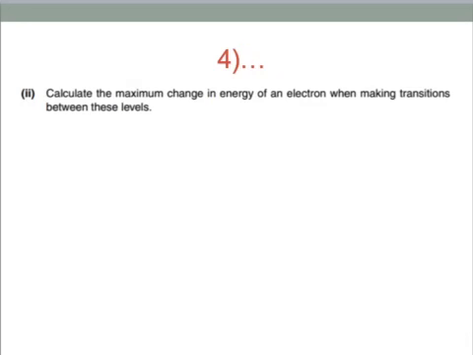So, question 2, following on from that: calculate the maximum change in energy of an electron when making transitions between these levels. So I simply refer to that last equation to calculate this, plugging in Planck's constant h, the speed of light constant c, and this wavelength, 486 times 10 to the negative 9 meters, because that's the shortest wavelength, which corresponds of course to the maximum change of energy.